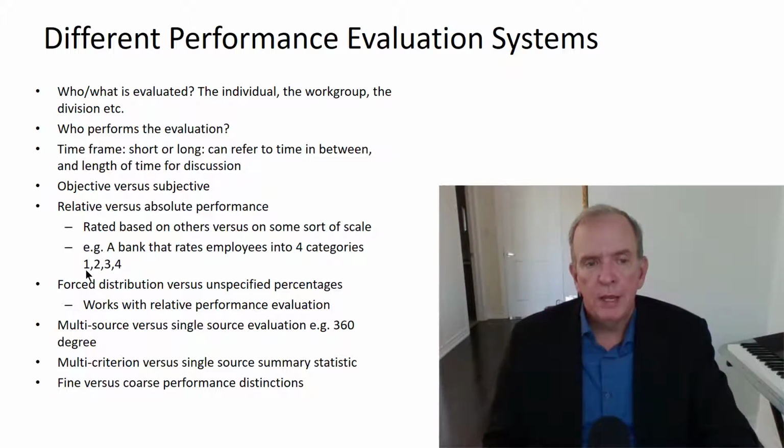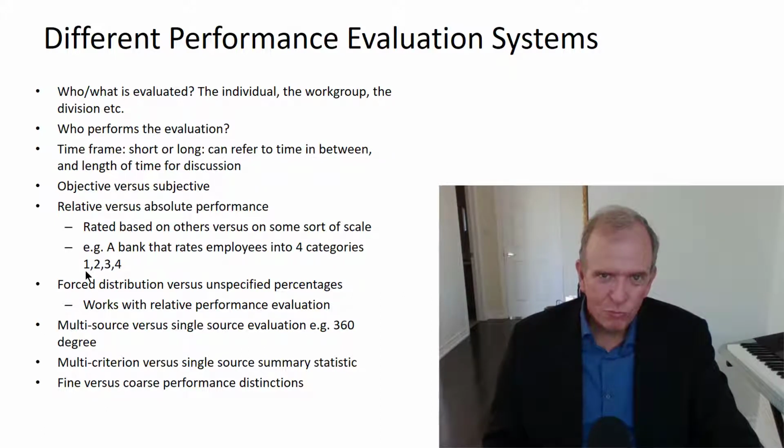If they have 10 employees, perhaps they can give 2 number 1s, and then perhaps 3 number 2s, and with the 3s and 4s, they can give up to 5. So if you're an easy marker as a manager, you're limited. You can't give more than 2 number 1s.